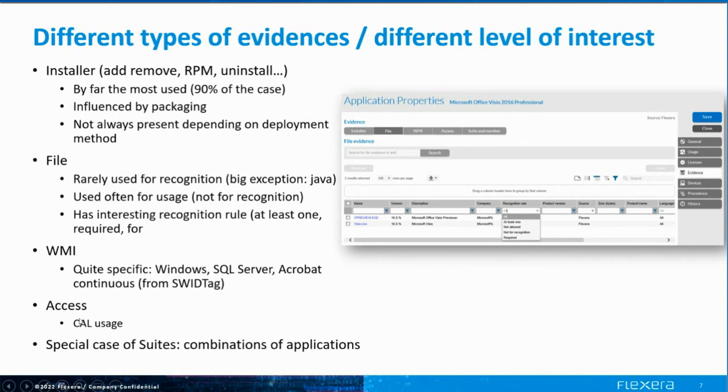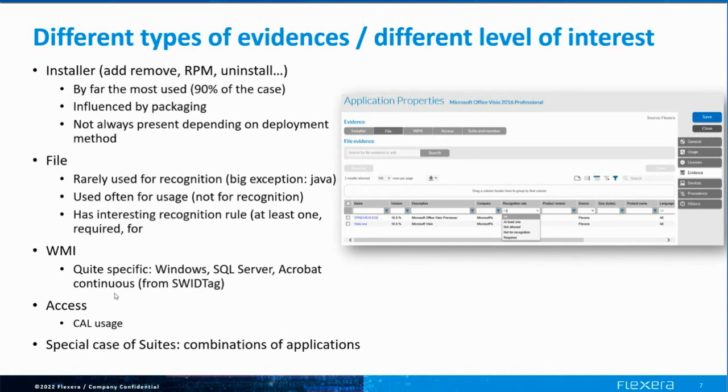And finally, you have the access evidence. Will not deep dive, but this is related to the client access logging usage. So when you inventory a Windows Server, you will get all RDP sessions: this user from this machine has accessed the server using an RDP access.